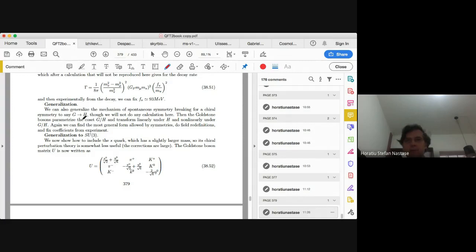This method is a priori applicable much more generally to any spontaneous symmetry breaking for any chiral symmetry.